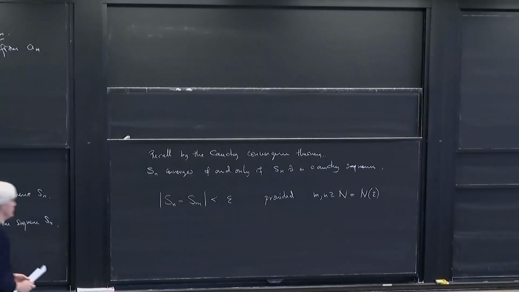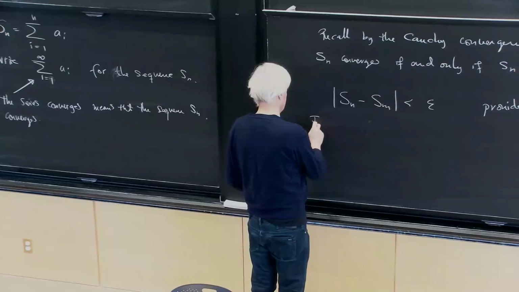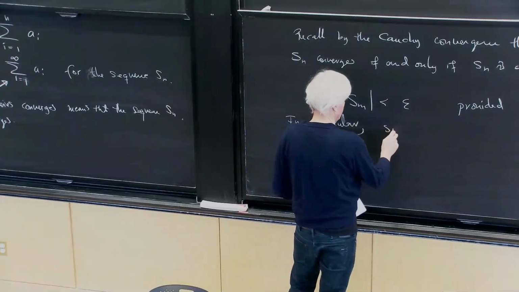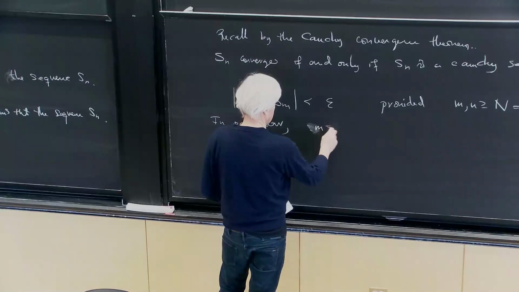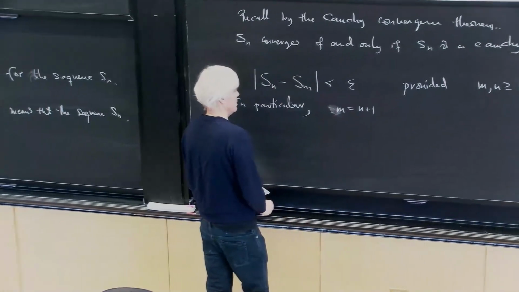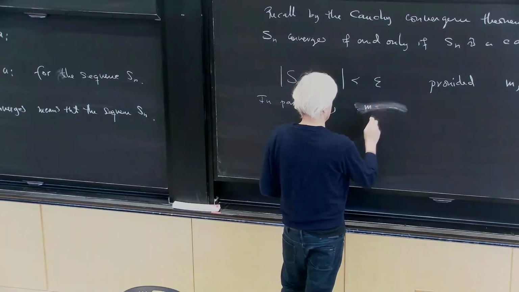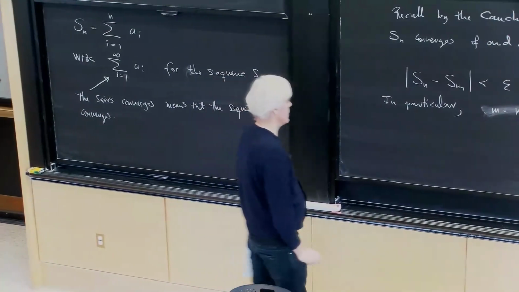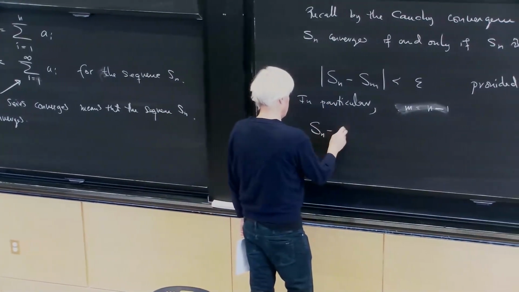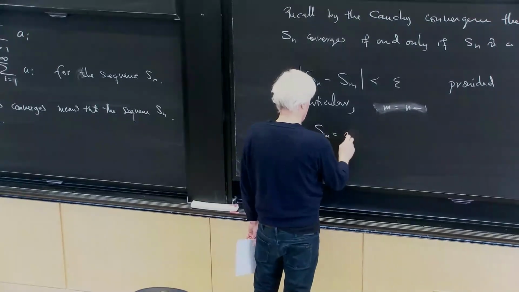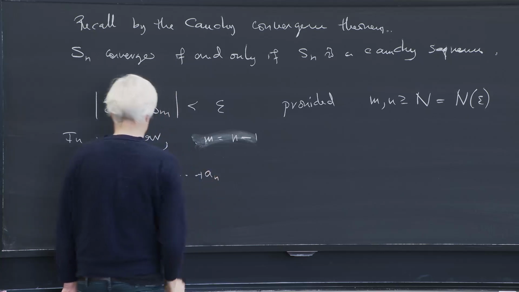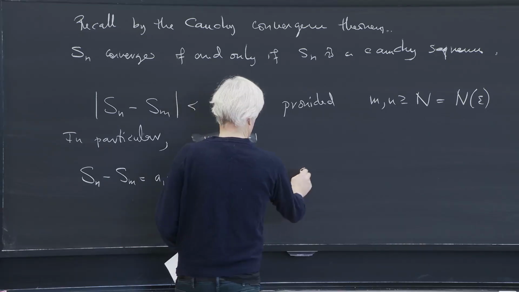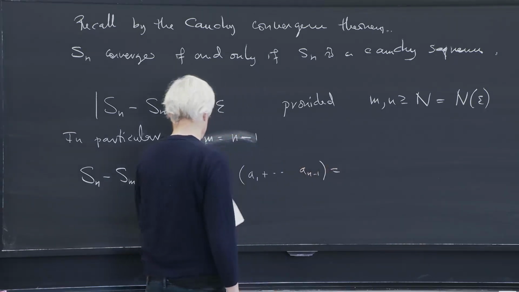In particular, if you take m to be n minus 1, then S_n minus S_m is the sum of the first n elements, from which we subtract the sum of the first n minus 1 elements.